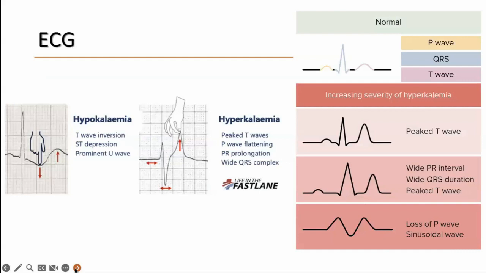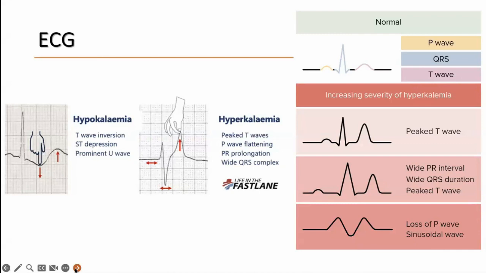Okay, so looking at your ECGs, this is a very, very important thing to understand and to know how to identify, because your treatment is also very dependent on whether there are or are not ECG changes. So this first picture here just gives you an idea. It's a push and pull effect is the way to remember it. So hypokalemia, you're pushing down that T wave, resulting in a T wave inversion.